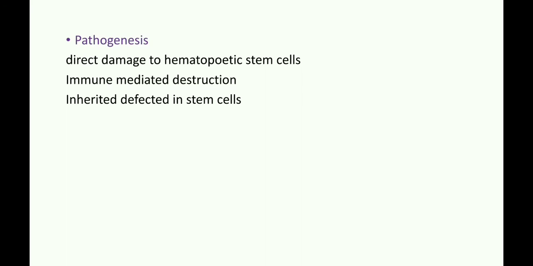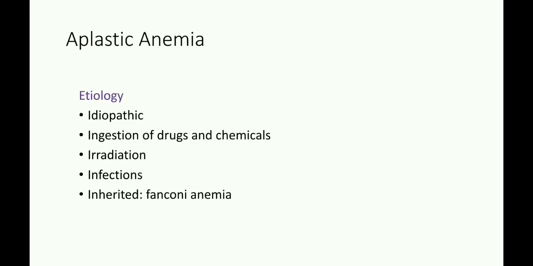So Fanconi's anemia is the inherited form of aplastic anemia. You can remember the etiology of aplastic anemia by 5I: idiopathic, ingestion of drugs and chemicals, irradiation, infections, and the inherited cause of aplastic anemia is Fanconi's anemia.